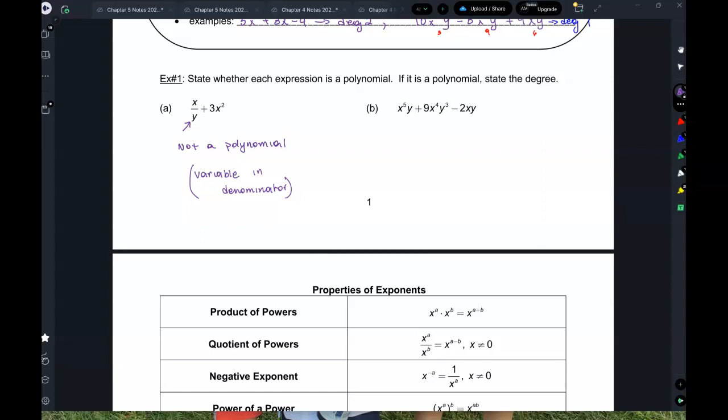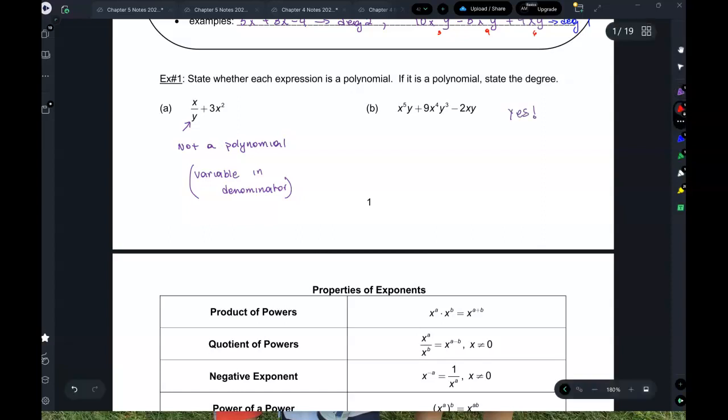Are there any square roots of variables like root x, root y? No. Is there an absolute value of a variable? No. Is there a variable in the denominator? No. Are any of the exponents negative? No. That's what makes it a polynomial. So yes, this is a polynomial.